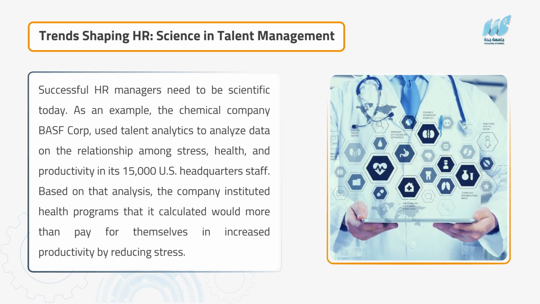Based on that analysis, the company instituted health programs that it calculated would more than pay for themselves in increased productivity by reducing stress. Talk about it. Discussion. If it is apparently so easy to do what BASF did to size up the potential benefits of health programs, why do more employers not do so?